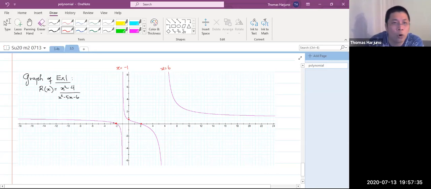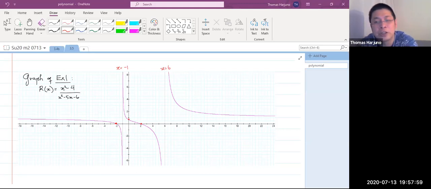The domain is all real numbers except the zeros of the denominator, which in this case become the vertical asymptotes. Okay, now how about the graph of example 3, where I change the denominator, -6 becomes +6.